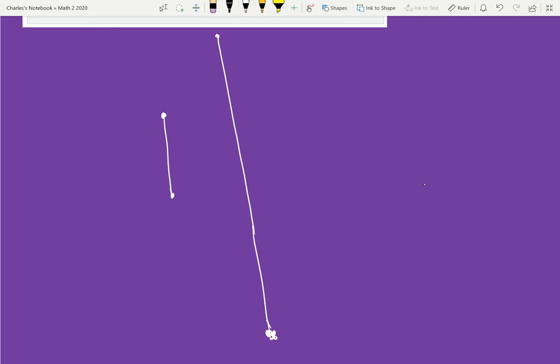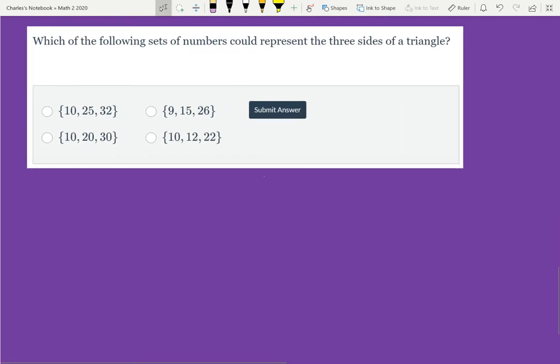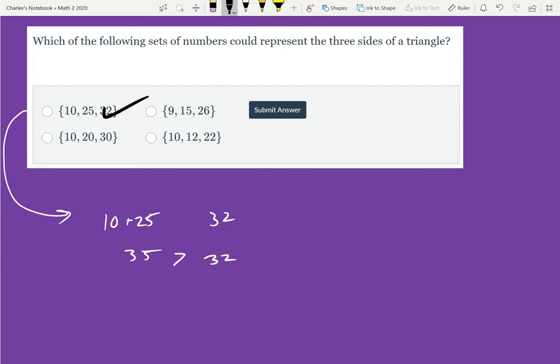And so the rule is that the third side can't be bigger than when you add up the 2 shorter sides. So if I take this first example, 10 plus 25, and I compare that to 32, well, that's 35 and 32. 35 is greater than 32. If the 2 smaller ones add up to something bigger than the third one, that's good.